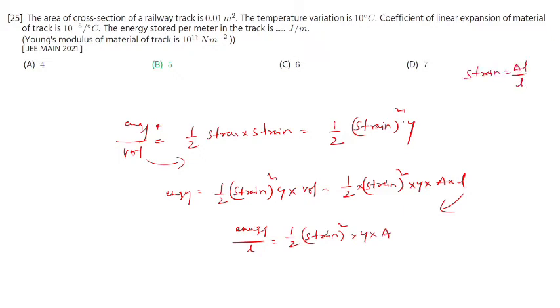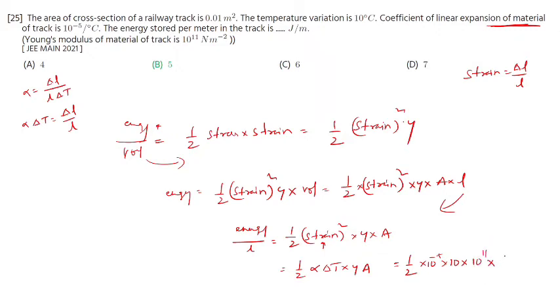But again you know that strain is nothing but delta L by L. Here they given the coefficient of linear expansion, so you know the formula for that also: alpha is equal to delta L by L into delta T. So alpha into delta T is equal to delta L by L. That means, children, in the place of strain we can write alpha into delta T, that is 1 by 2 into alpha into delta T into Y into A. So that is 1 by 2, alpha value 10 power minus 5 given, temperature 10, Young's modulus 10 power 11 they given, into area of cross section 0.01.